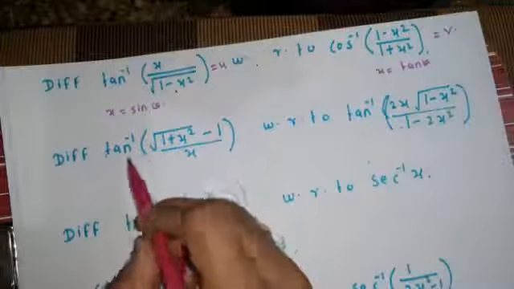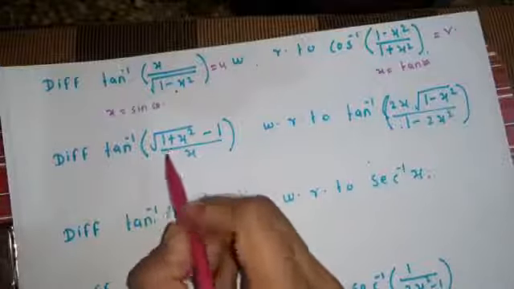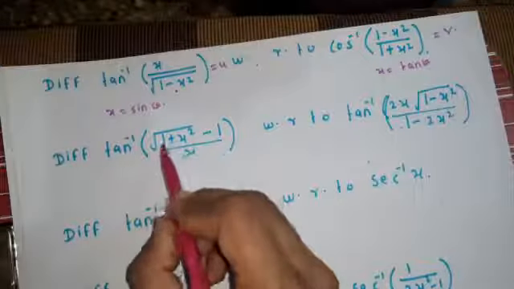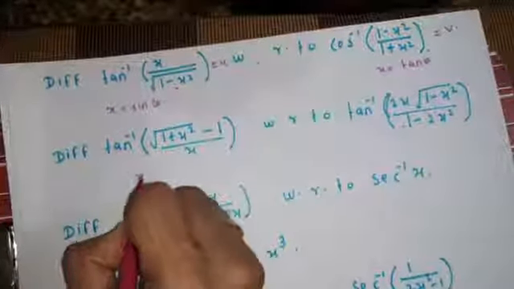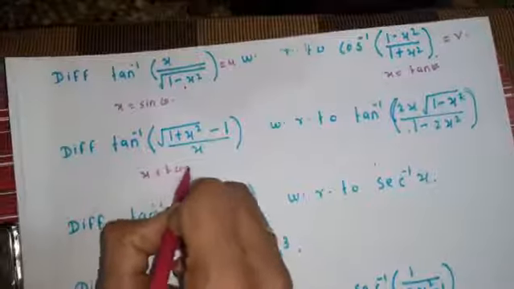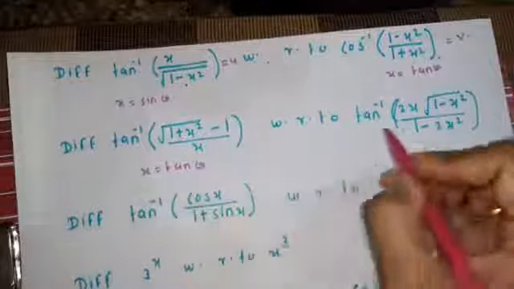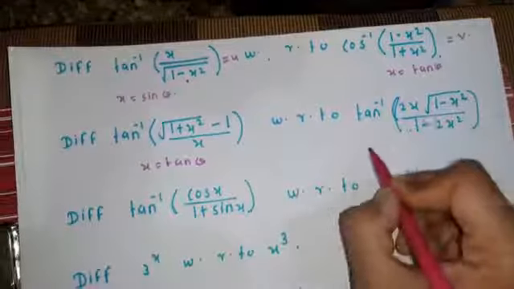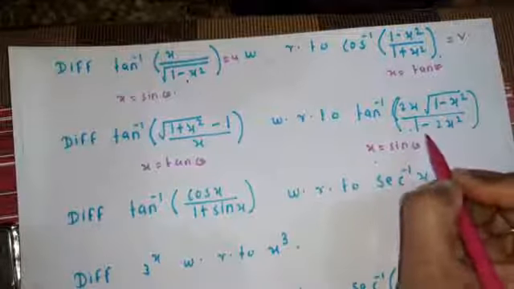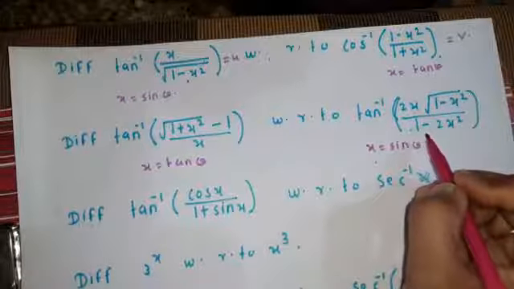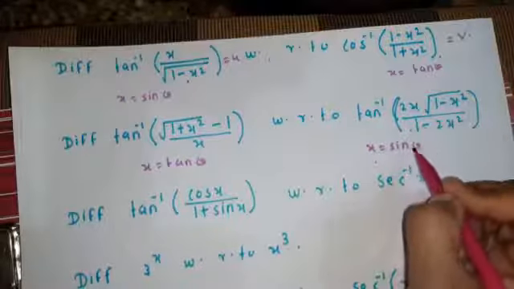Now in this problem, tan inverse of, here put 1 plus tan square theta equal to sec square theta. So put here x equal to tan theta, you will get it simplified. Here put x equal to sin theta. Then also the problem will get simplified.